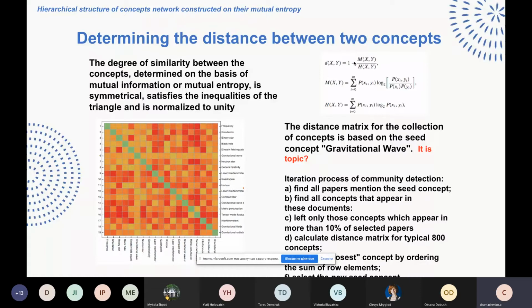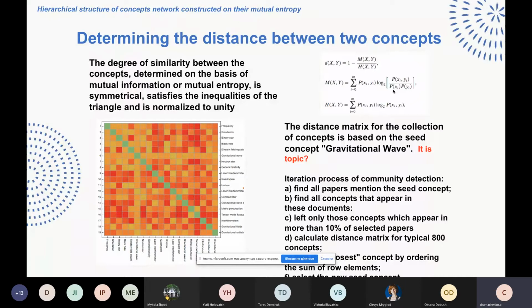Here we want to build an iteration procedure to extract a group of concepts. We take some arbitrary seed concept. How we take it is a different issue; there are a lot of different methods to select a good seed concept, but we can really take it arbitrarily. Then we find all the documents that mention this seed concept.